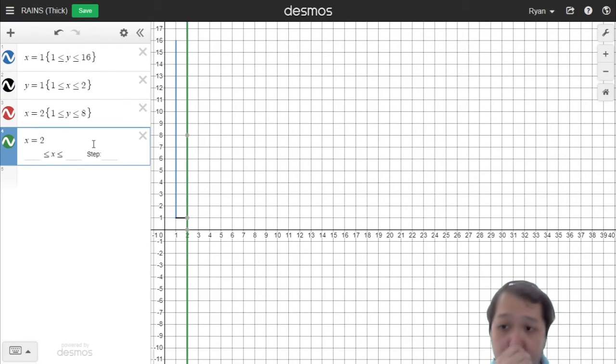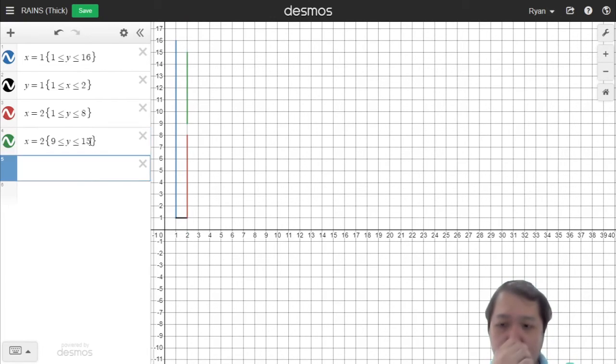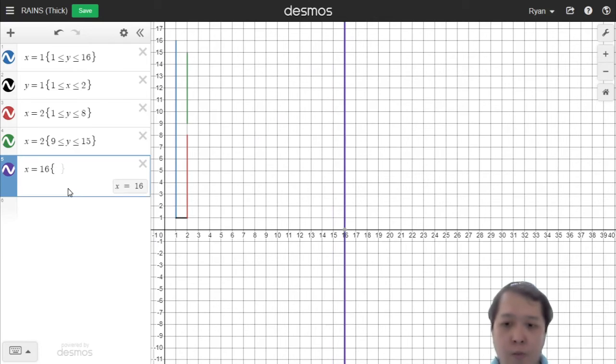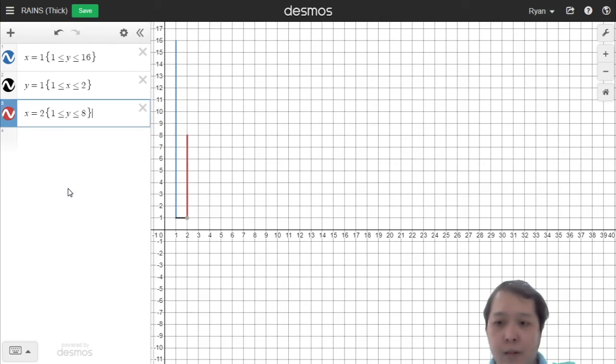Next, this inner part of the R is going to be X equal to 2, and then 9 until 15. And now the straight lines here, this one is 4, so X is 16, 1 until 5. Oh, it's supposed to be Y, I accidentally deleted, but I can Control Z luckily.